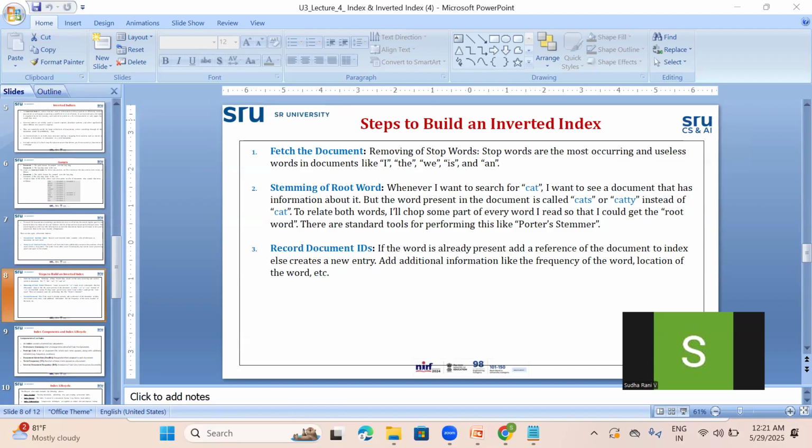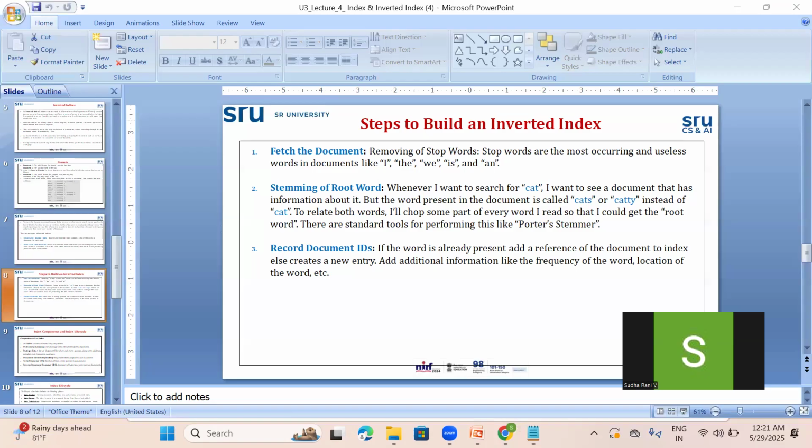To relate both words, we chop some part of every word so that we can get the root word. There are standard tools for performing this. Porter stemmer is the best one and the default stemming procedure for the English language. In my previous lectures, I clearly explained stemming and lemmatization.